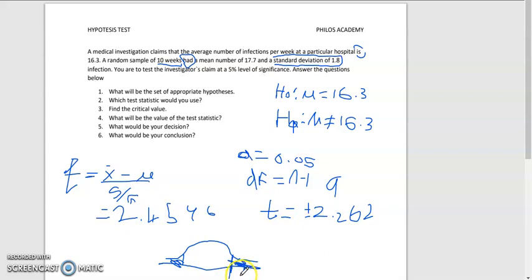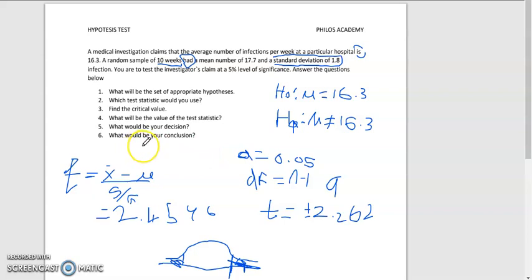So it has lied at the region of rejection. Because it lies at the region of rejection, you are going to reject H0. Try and plot it and see. 2.262 will be here, and 2.4596 will be here. So you see that it has lied at the region of rejection. That's why you reject H0. So our decision is to reject H0.